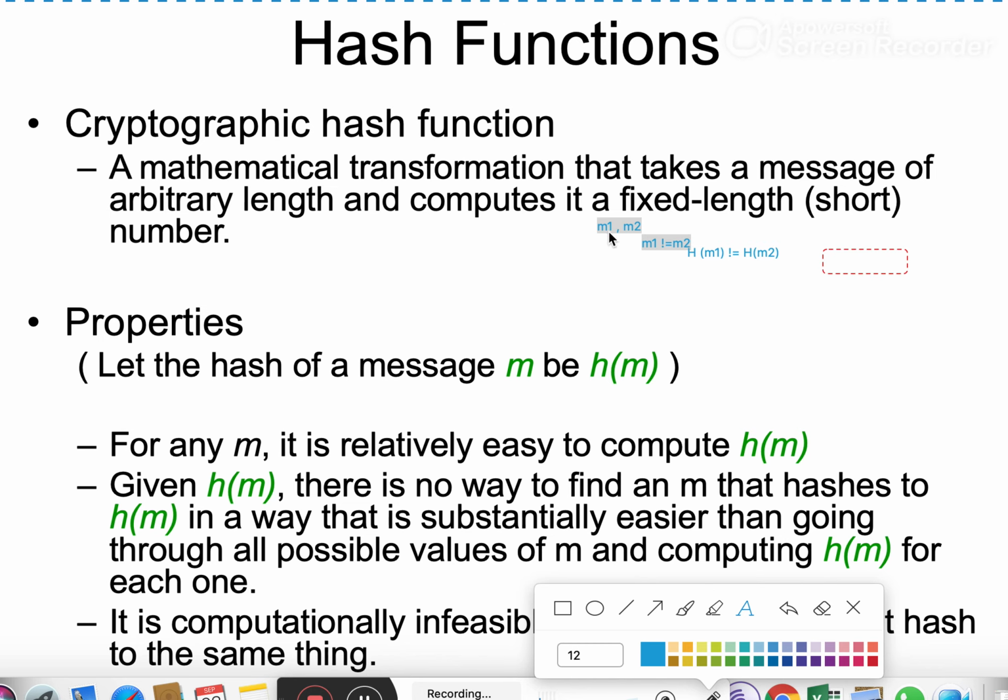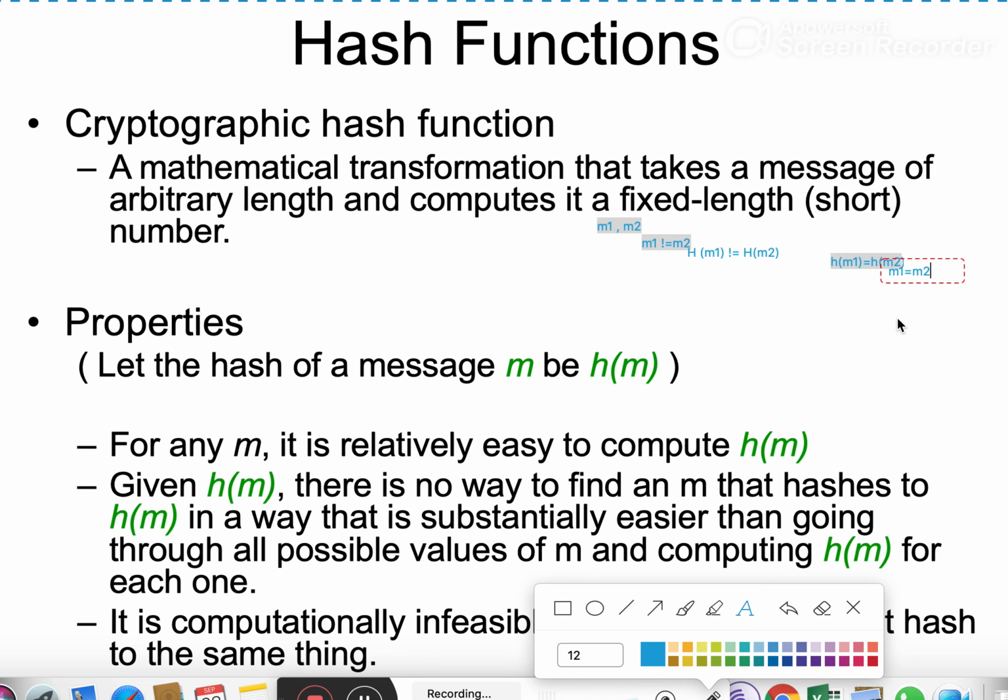If we have two messages M1 and M2 where M1 is not equal to M2, then H of M1 will also not be equal to H of M2. Or we can say that if H of M1 is equal to H of M2, it means that M1 is equal to M2.